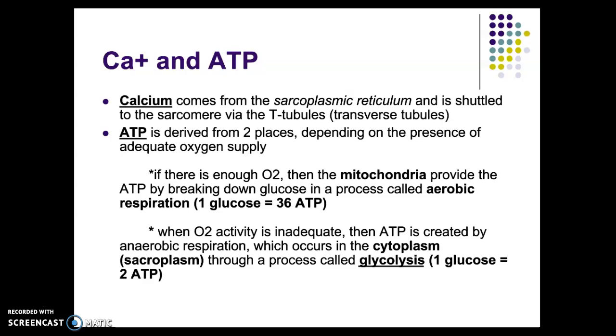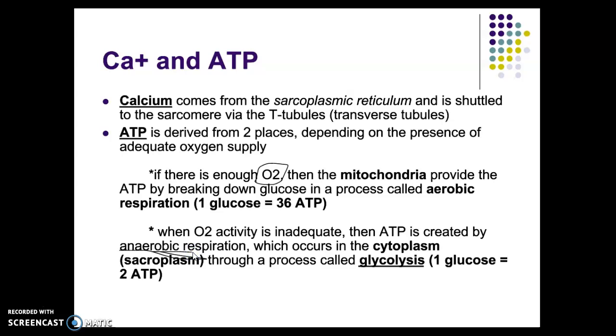There are actually 2 other places that skeletal muscle cells get ATP from, and that's going to be on the next presentation, but your skeletal muscle cells generate and need and use a lot of ATP and oxygen, okay? If there's not enough oxygen to go through aerobic respiration, then anaerobic respiration is going to happen, and we've talked about this.